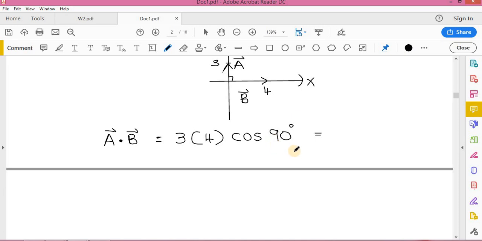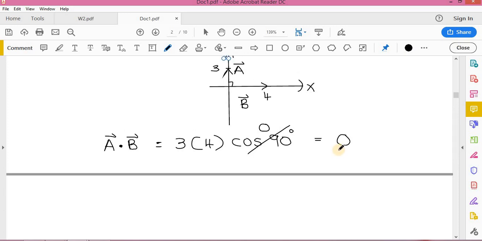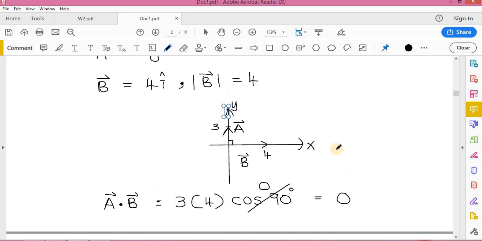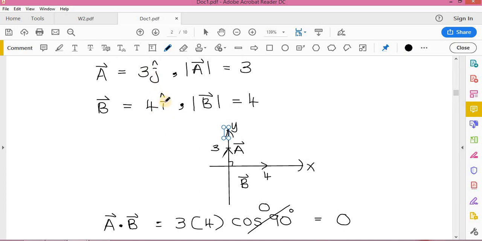You put the angle into the equation, and the answer is 0. Why 0? Because cos 90 is 0. I'm giving you very simple vector quantities, only in one direction.